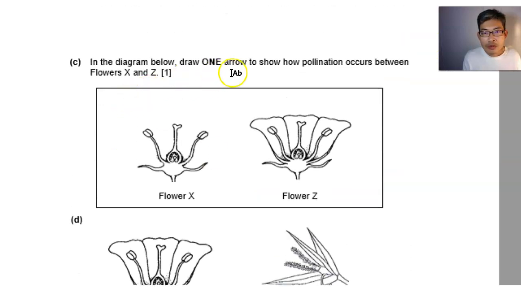In the diagram below, draw one arrow to show how pollination occurs between flowers X and Z. So pollination, what's the meaning of pollination? There are PSLE questions in the past that ask students for the meaning of pollination.